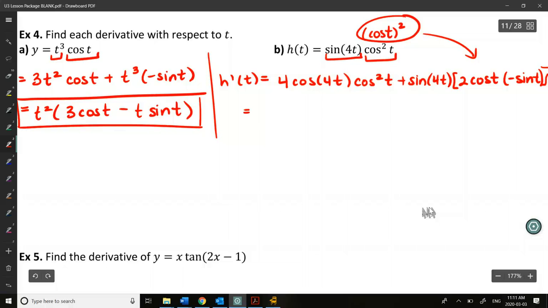Okay, I am going to clean this up a little bit. They both share a common 2. So this one has 4, this one has 2. I'm going to take a 2 out. Is there anything else common that they both share? They both have a cos t, so I'm going to take that out, and we'll see what we're left with here.